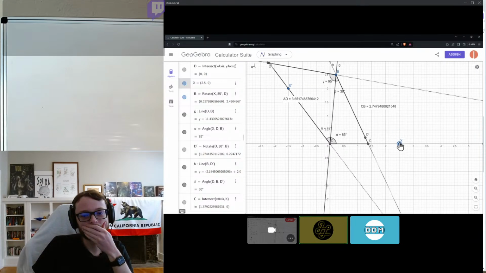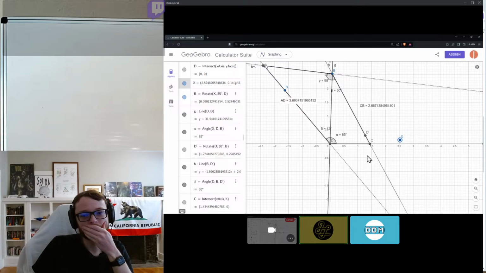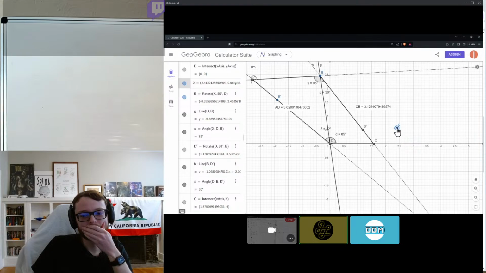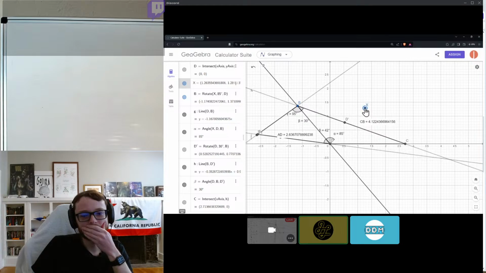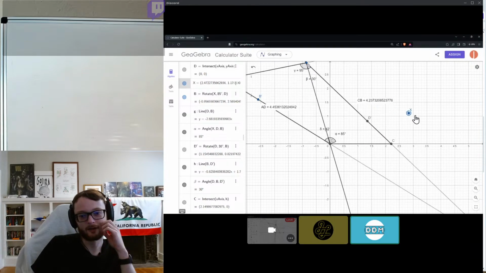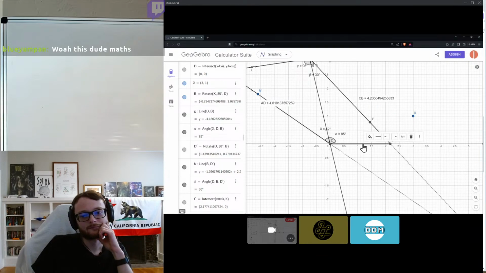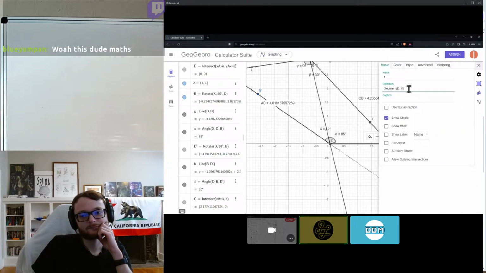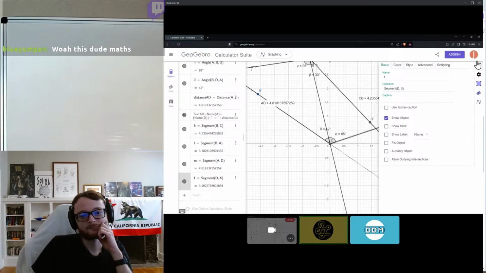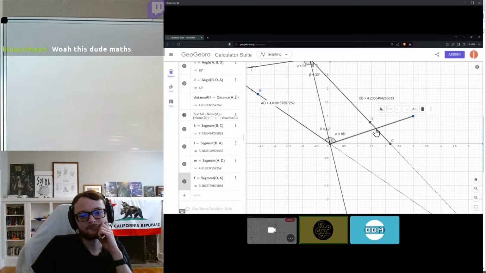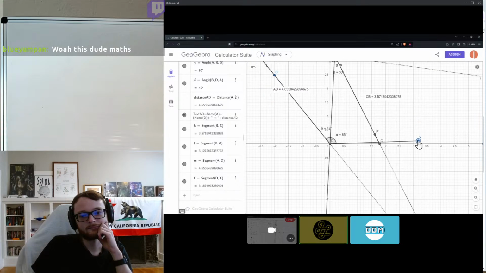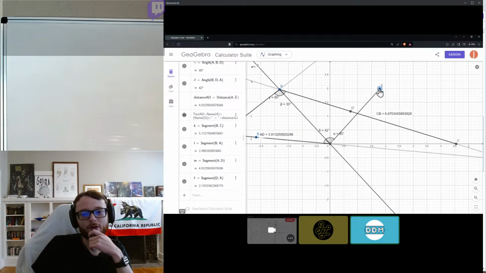I put X on there, and then I made C the intersection of the X-axis and B. But when I moved X off the X-axis, the triangle should be formed differently, because the 85 is not measured to C, it's measuring to X. So this segment should be segment DX. If I do DX, I get the point of intersection, so that's the 85 degree angle. Oh yeah, now the angles are good.